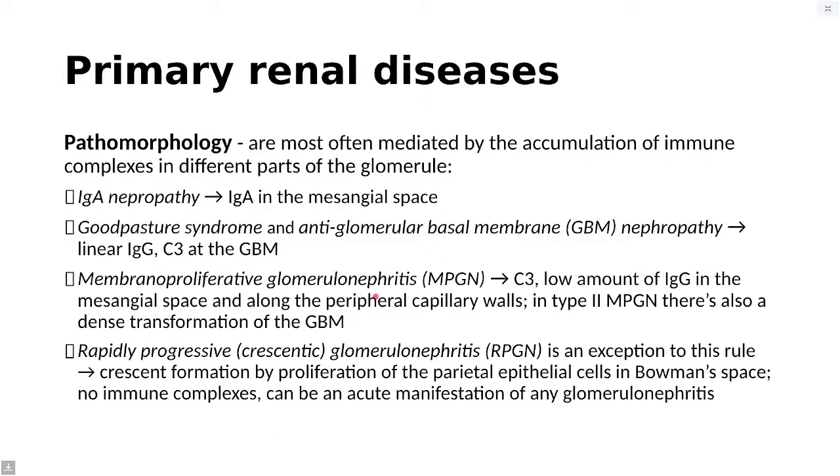Rapidly progressive glomerulonephritis is an exception to this rule because crescent formation by proliferation of the parietal epithelial cells in Bowman space, with no immune complexes, can be an acute manifestation of any glomerulonephritis.